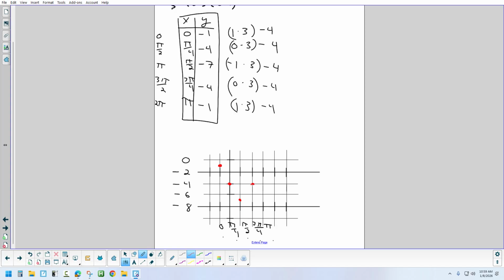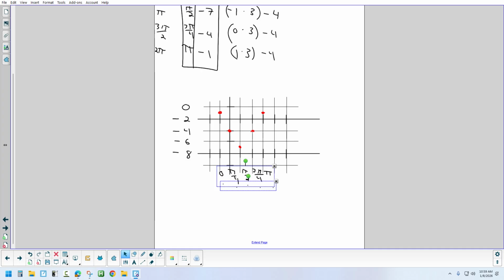I'll fix my labels. I know they don't line up. I'll take care of that. And 2 pi, I'm at negative 1. About right there. Okay. And let me just line my labels up. Oh, that's better. Okay.